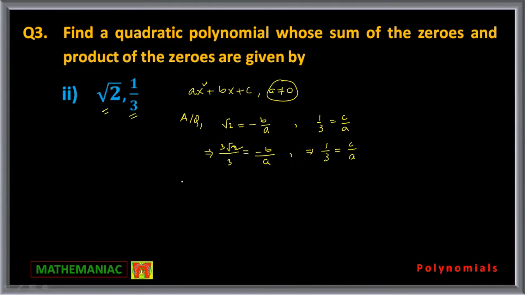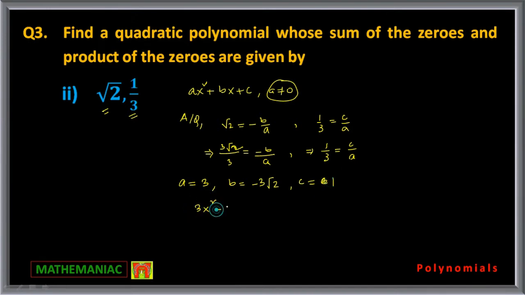Okay. So now if you compare, what value of a will you get? This is 3. The value of b will be, see, this is a minus, do not get confused with that, that minus will be transferred here, and your value of b will be minus 3 root 2, and c will be equal to 1. And then what will be your required polynomial?